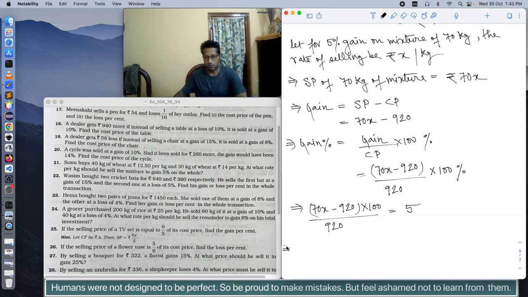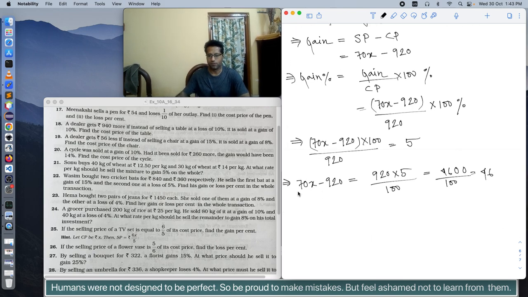So this implies that 70x minus 920 will be equal to 920 multiplied by 5 divided by 100, and this is equal to, if you multiply 920 with 5, we get 4600 by 100, which is 46.